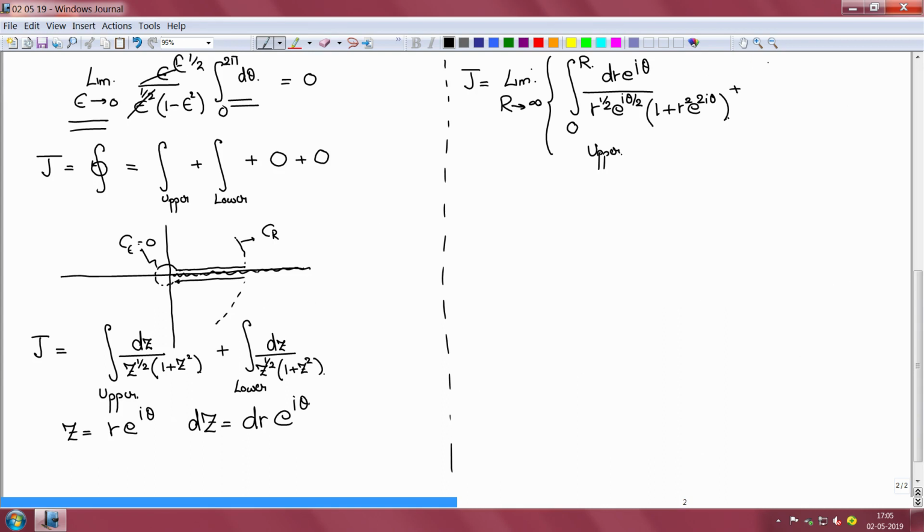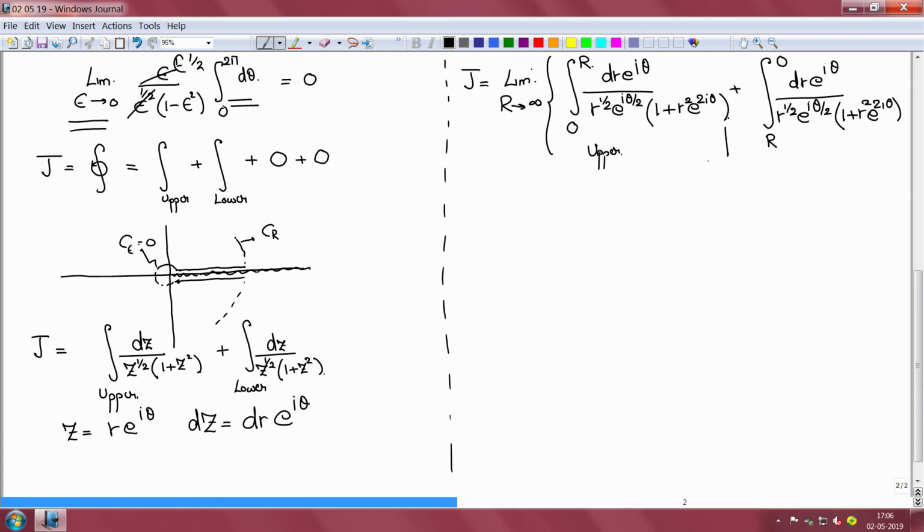Plus integral r to 0 dr e to the power of I theta by the same expression r to the power half e to the power of I theta by 2 into 1 plus r square e to the power of twice I theta.